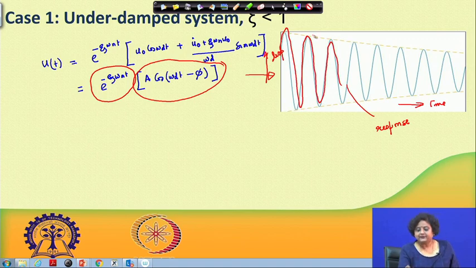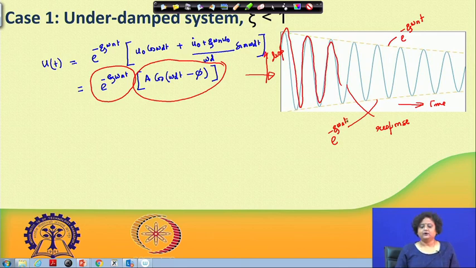The amplitude is going to decay in an exponential form, and if I draw the envelope of the decaying amplitude, this line is going to have an expression of plus e to the power minus zeta omega n t, as well as this line is going to have an expression of minus e to the power minus zeta omega n t. Okay. So, this is what we get from the response of an underdamped system.